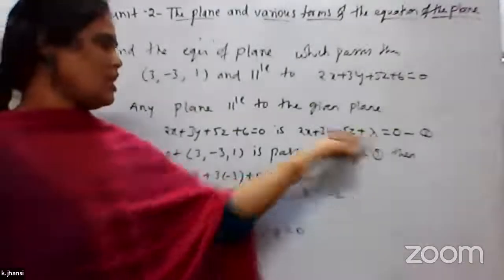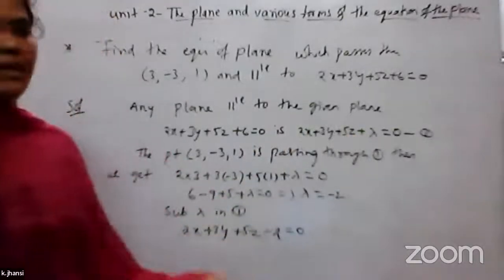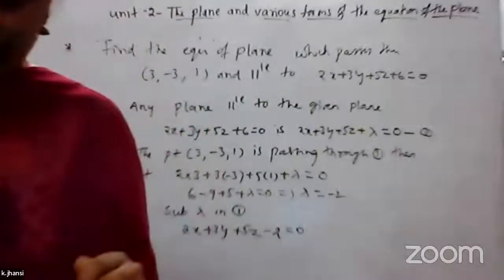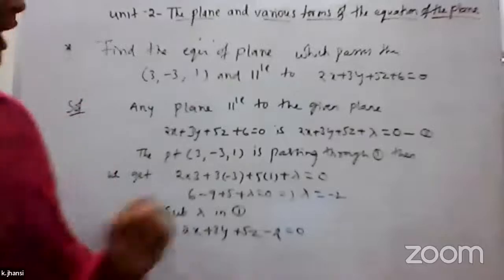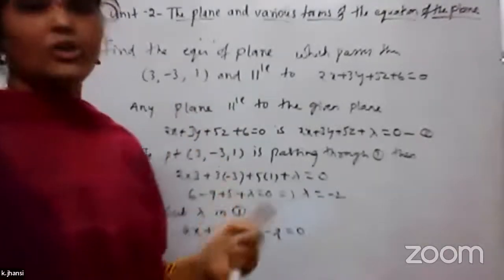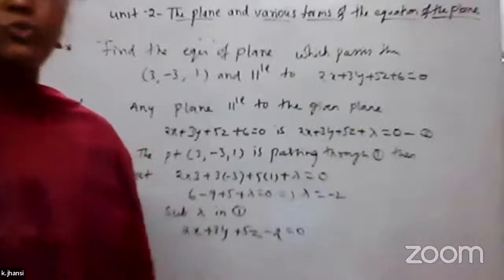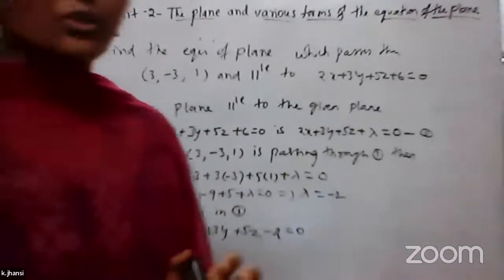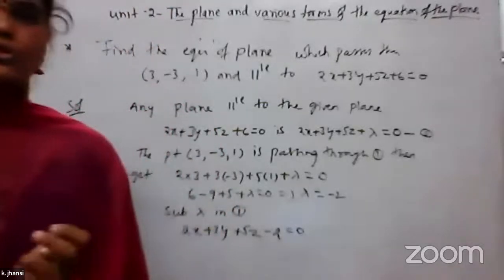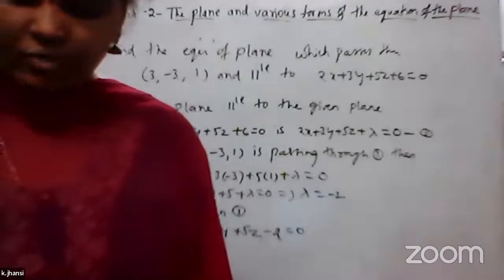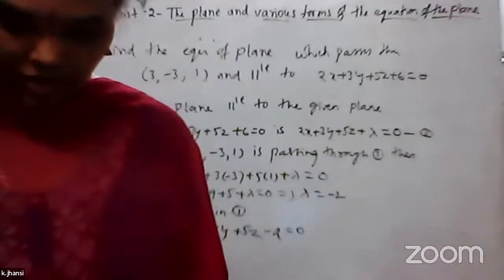If you substitute that lambda, you will get the equation of the parallel plane. For perpendicular, there is a slight difference. First, with the help of the point, a into x minus x1 plus b into y minus y1, there you will get one equation. Perpendicular means you will get two equations. If you solve them, you will get the A, B, C values, and if you substitute them, you will get the equation of the plane.